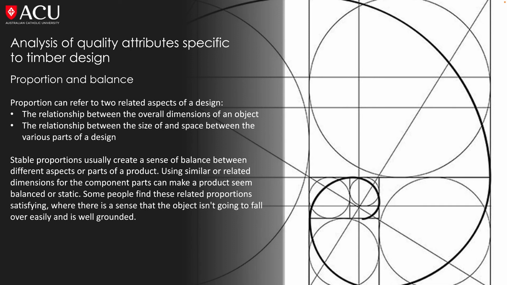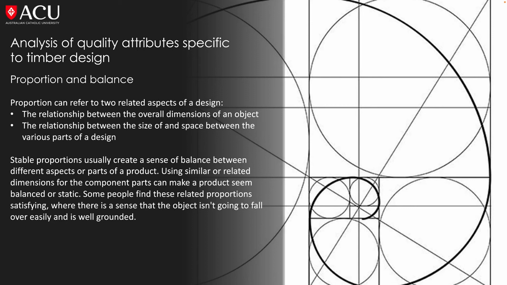Proportion and balance. Proportion can refer to two related aspects of a design: the relationship between the overall dimensions of an object, and the relationship between the size of and space between the various parts of a design. Stable proportions usually create a sense of balance between different aspects or parts of a product.